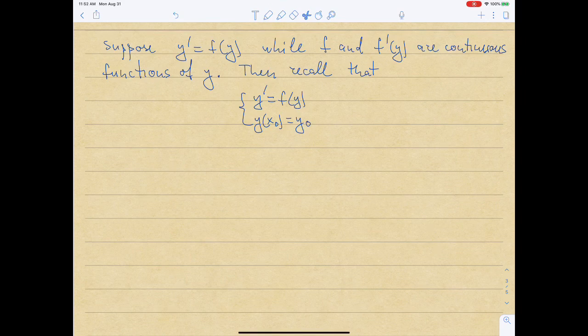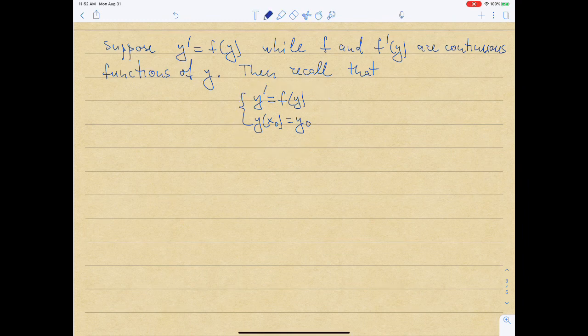Notice that there is no dependence on x in f, but then I can treat f as a function of two variables which depends on x in a trivial way, right? Because it does not depend on x, you can just simply assume that it's a constant function of x. So what we get then is that f satisfies the condition of continuity, which means that any initial value problem is going to have a unique solution, right?